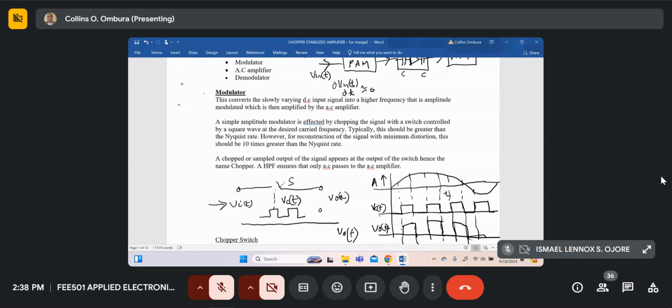Supposing my input frequency spectrum is Vi of F, and the control signal is Vc of F.